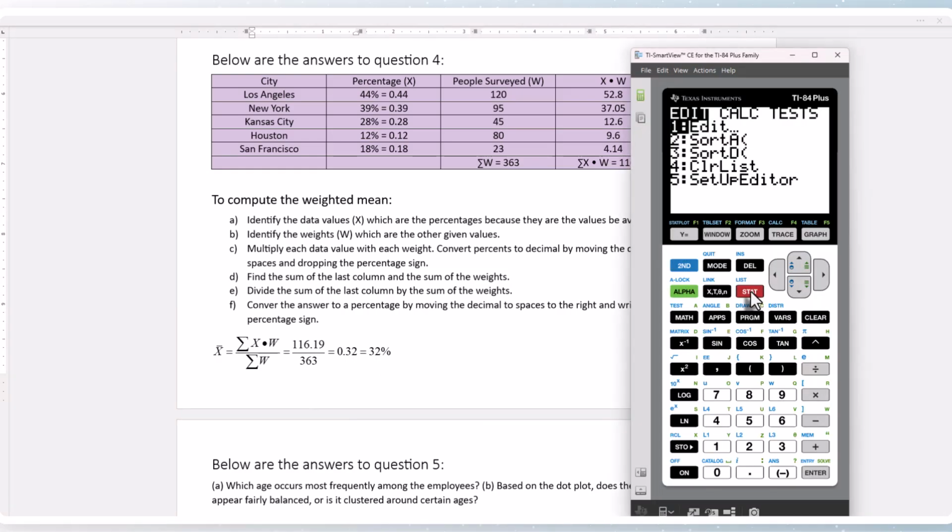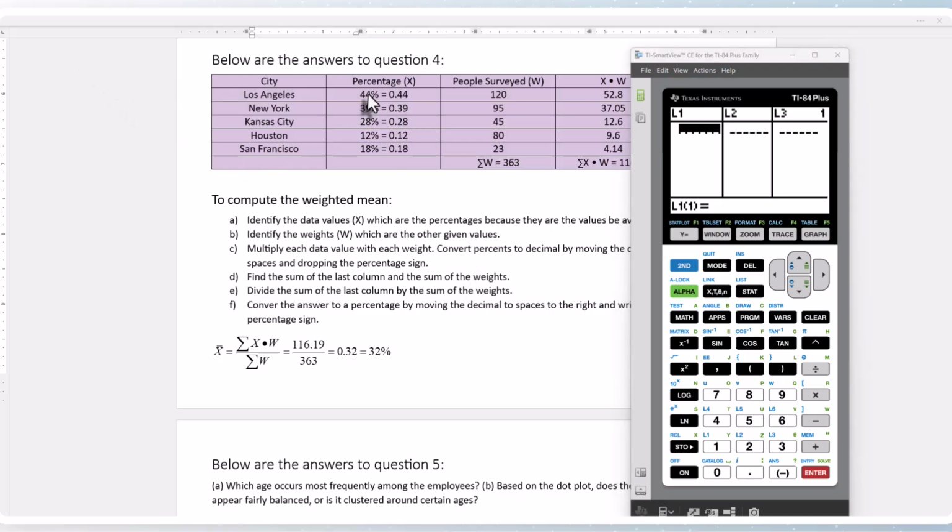Now, there is an alternate way to calculate this using the graphing calculator. We press Stat, then make sure number 1 is selected, select Enter. In L1, we want to average the percentages.